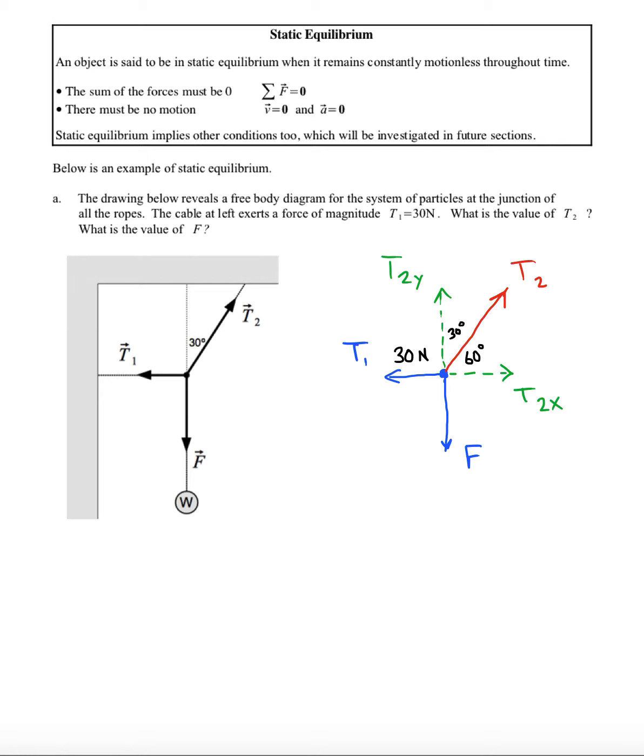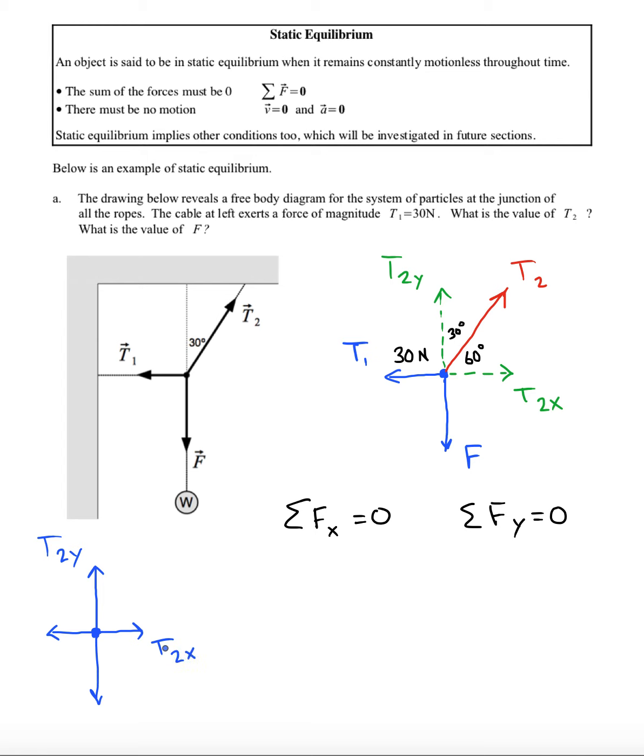Okay, now, since we're in static equilibrium and the sum of the forces is zero, that implies that the sum of the forces in the x direction is zero and the sum of the forces in the y direction is zero. We should now redraw the system completely, and let's get rid of the old T2. We've redrawn the system with equivalent vectors.